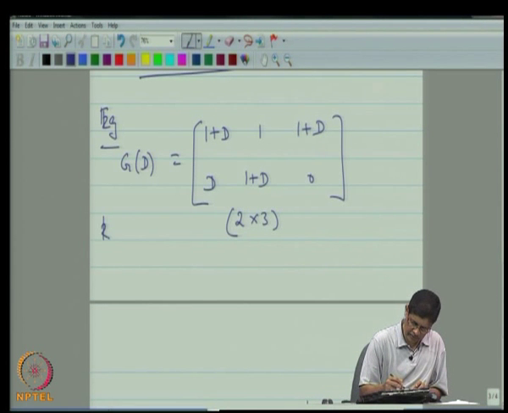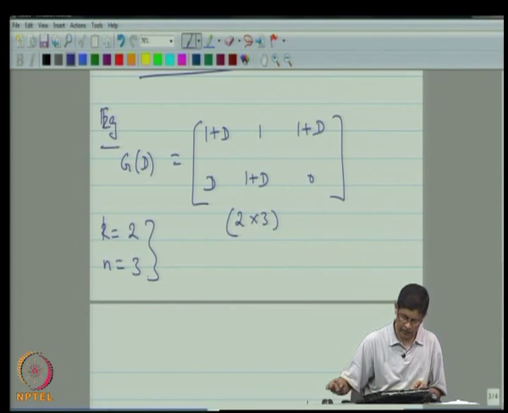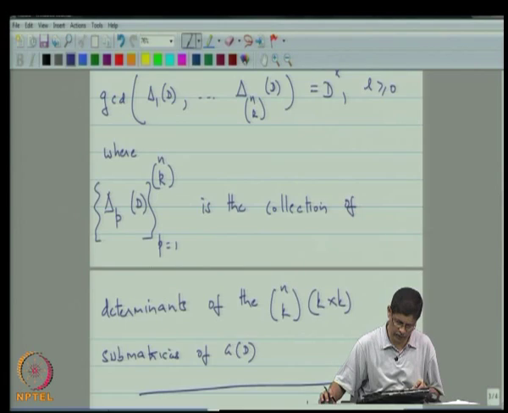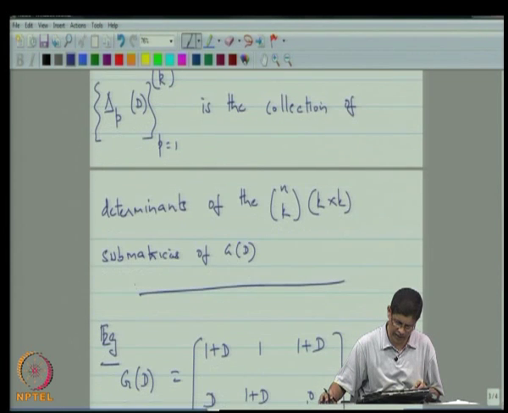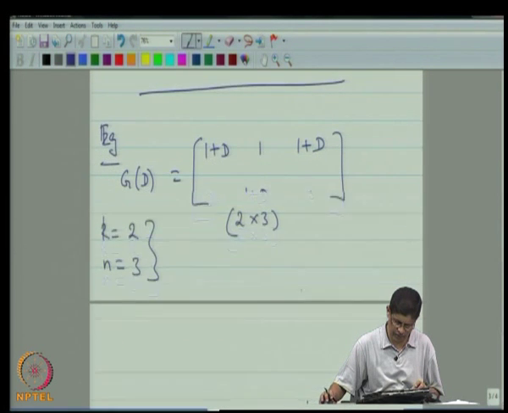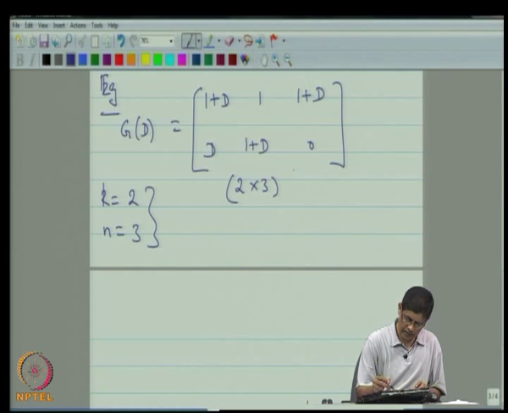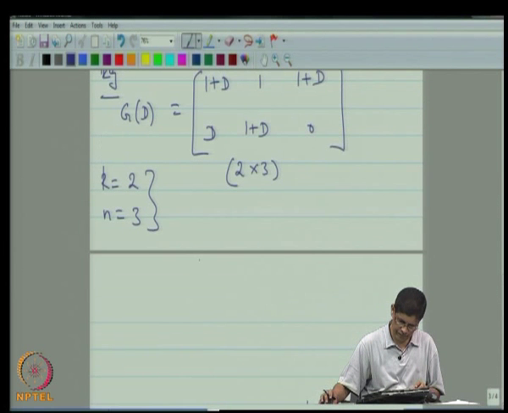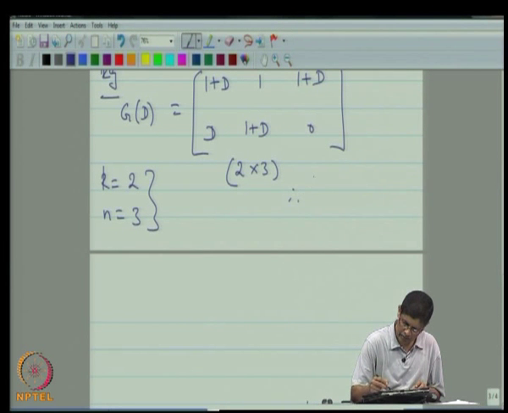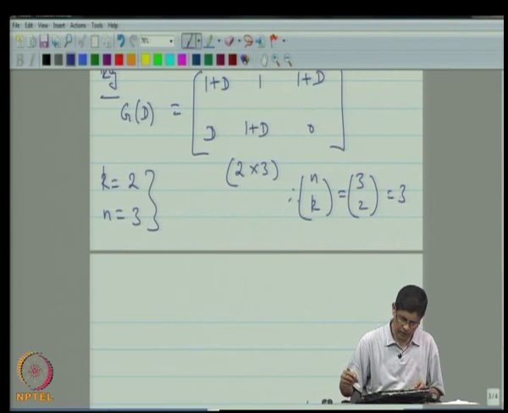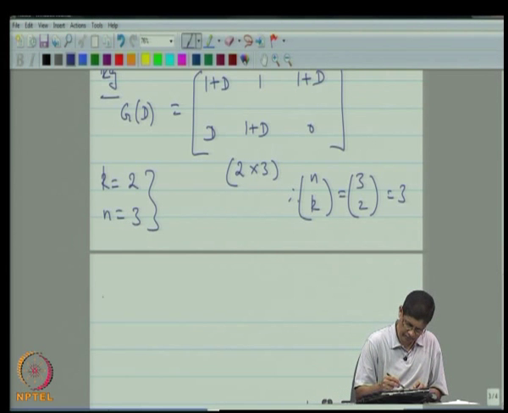So, in this case k is equal to 2, n is equal to 3. We are interested in the determinants of all the k by k submatrices of G of D. So, n choose k is equal to 3 choose 2, which is 3. So, there are 3 of these submatrices.